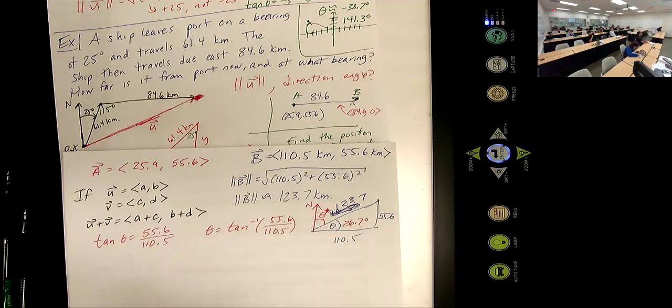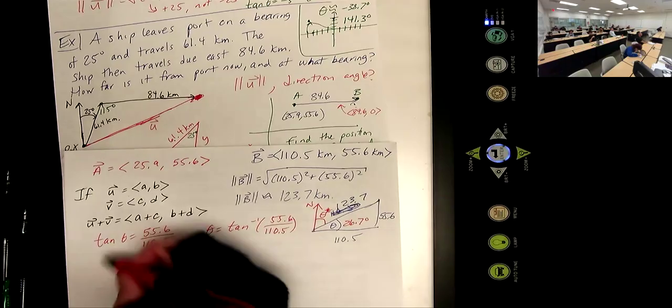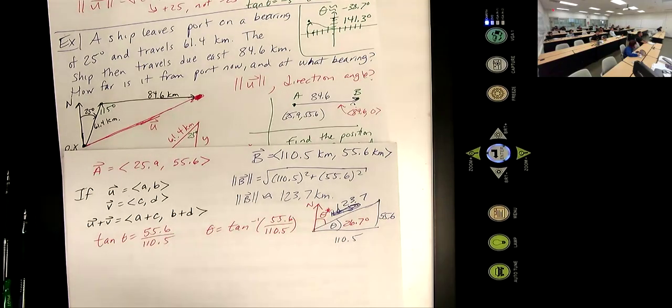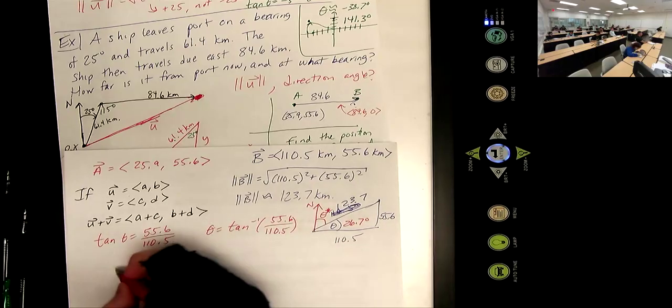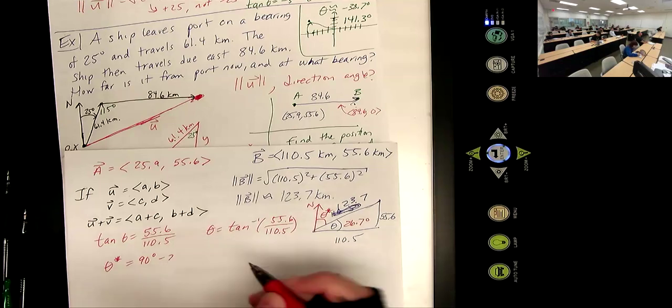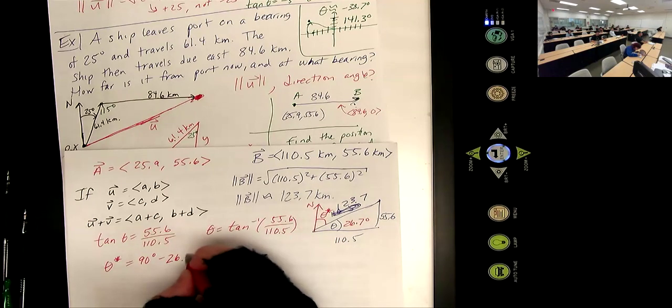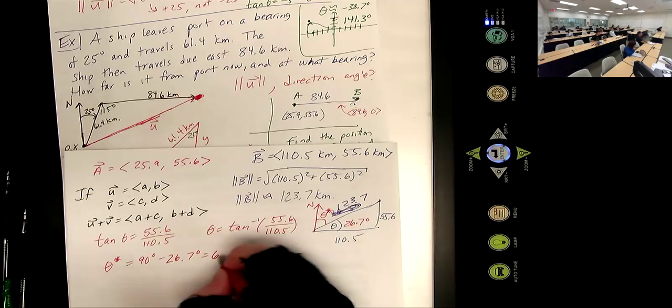How do we get that? 90 minus 26.7. These two make a 90-degree angle, so if I subtract 26.7 from 90.